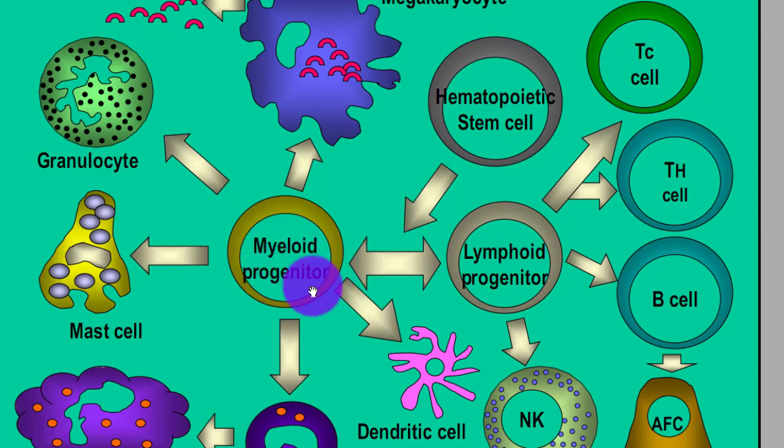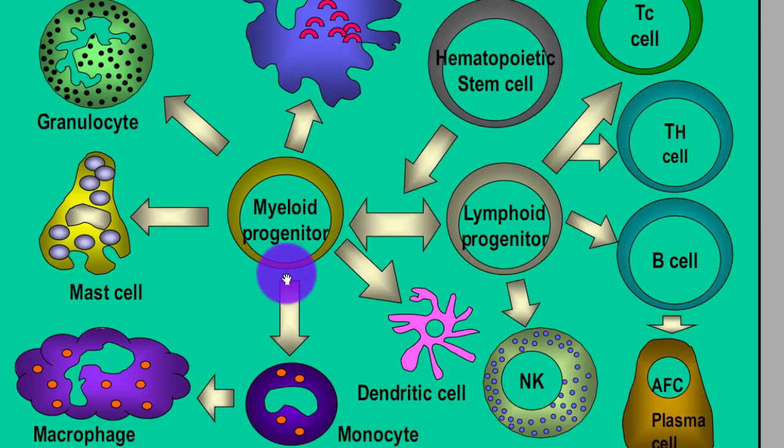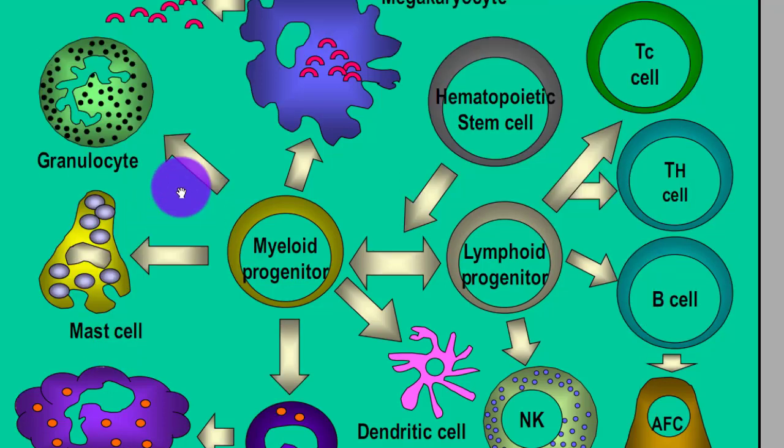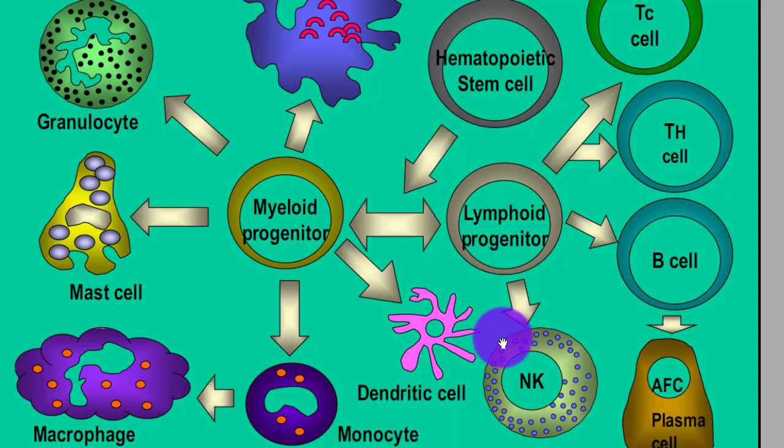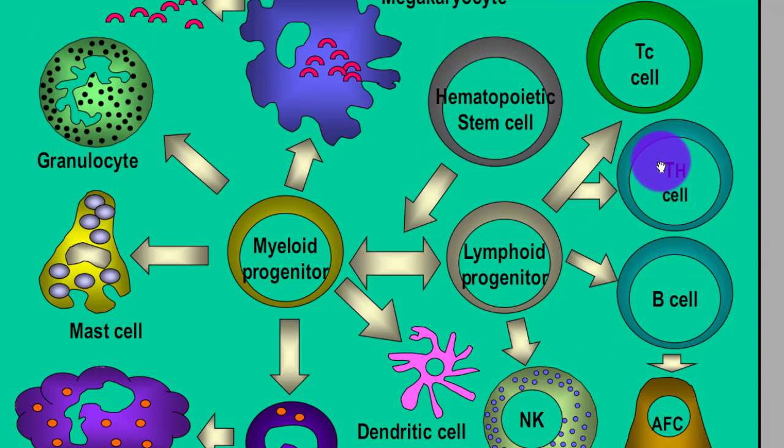Here the myeloid progenitor, here the monocytes, macrophages, mast cells and granulocytes, and here the megakaryocytes, which are the parent cells of the platelets. Here the lymphoid progenitors: the natural killer cells, the B cells, T cells, and the hematopoietic stem cells.